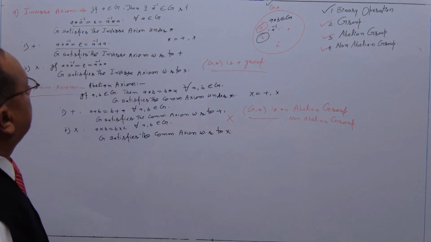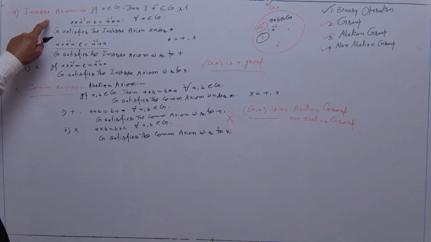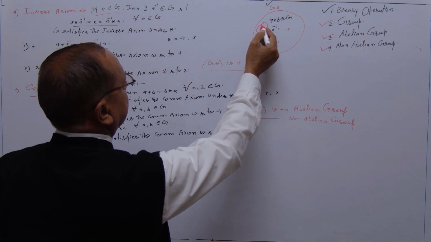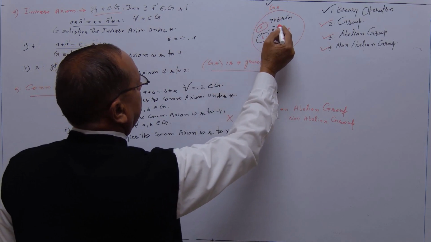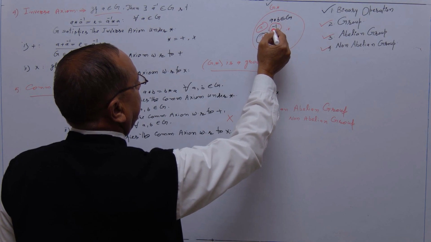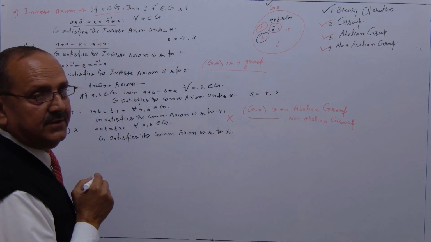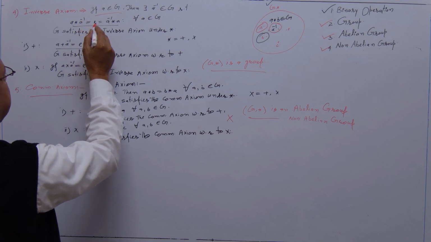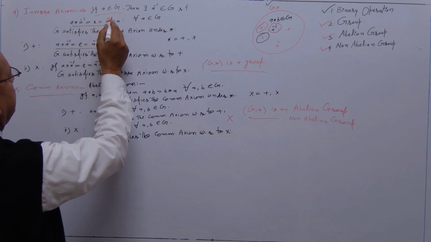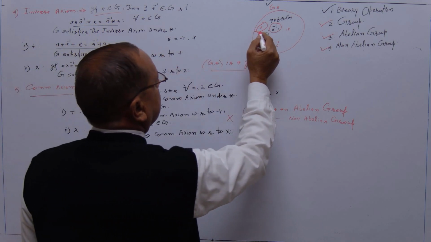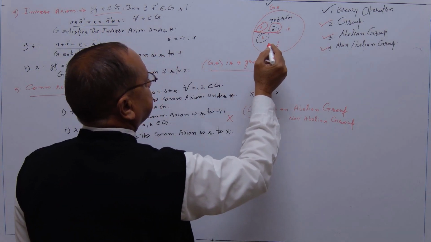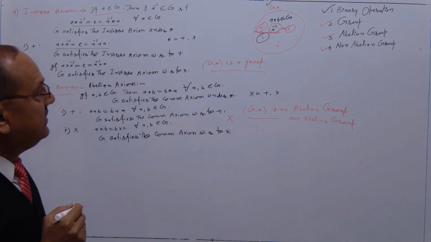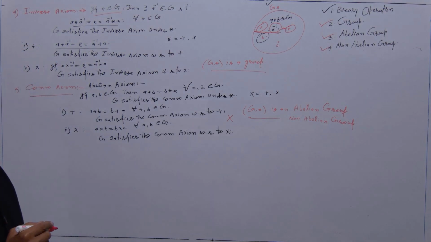Once again, the inverse axiom. If A is an element of G, then there exists another element A inverse, which is also an element of G, such that A star A inverse is equal to E is equal to A inverse star A. Means A multiplied by A inverse is equal to the identity element E, then it satisfies the inverse axiom.